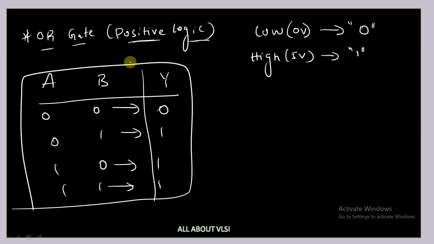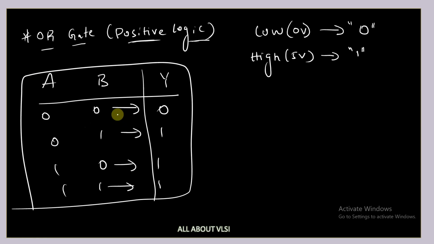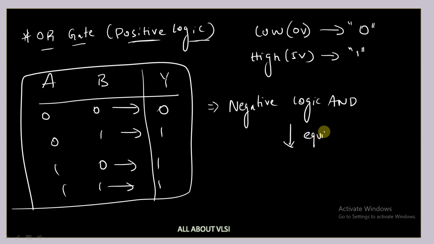Okay, and have you seen this table? Yes. In the negative logic of your AND gate, we are getting this particular table. So can I conclude that negative logic AND is equivalent to positive logic OR?